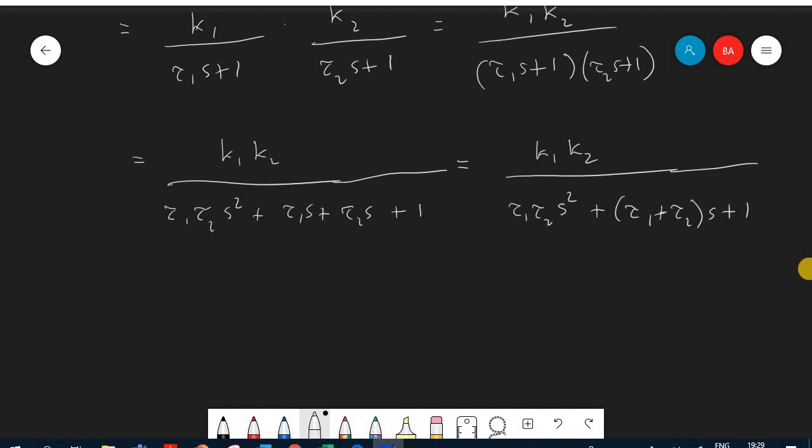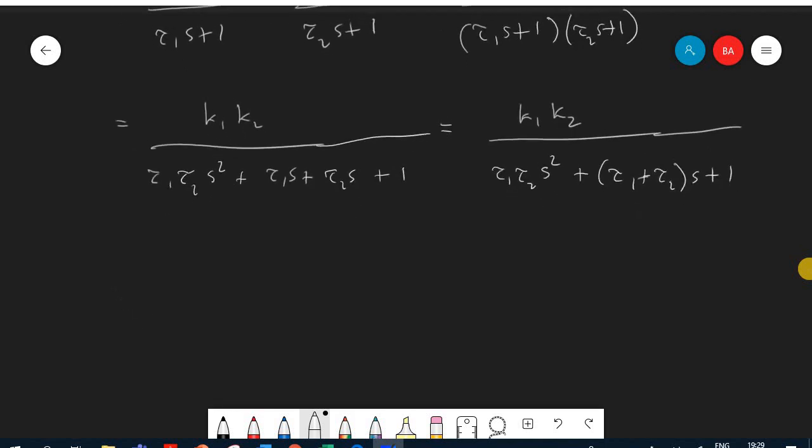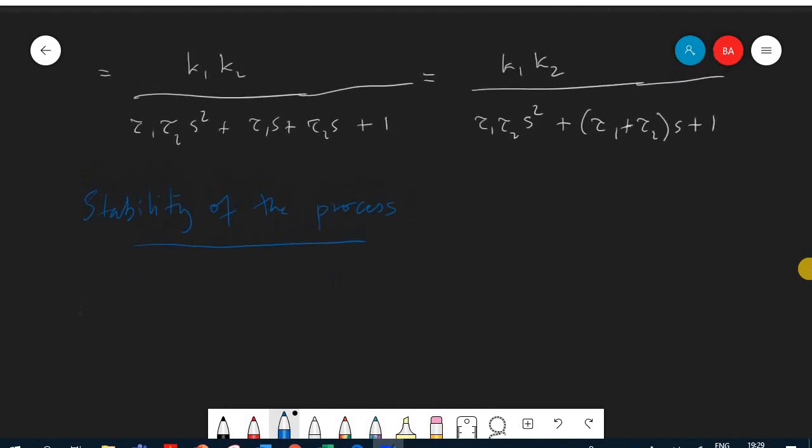And what do we have here? Now I want to have a stable process for this system, and to study the stability of the process, we are going to deal with the second order process and introduce a step input for that.